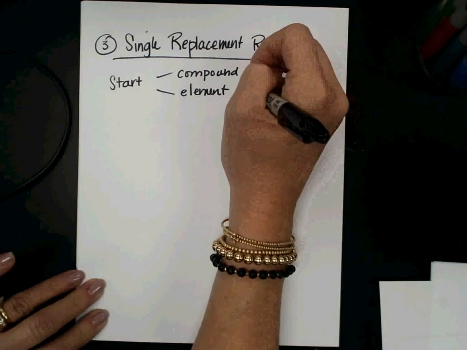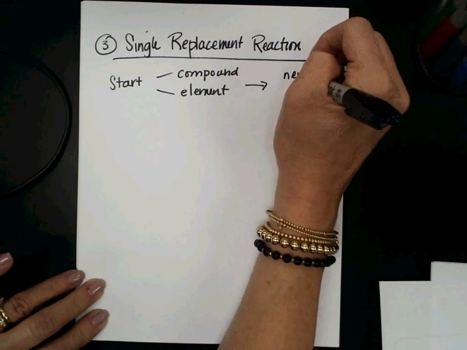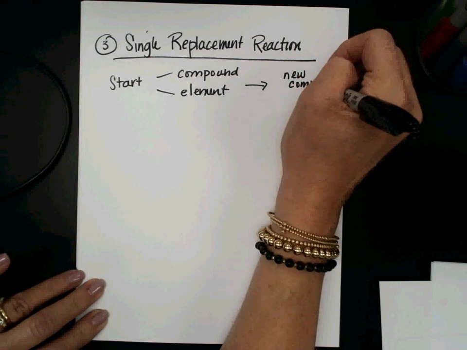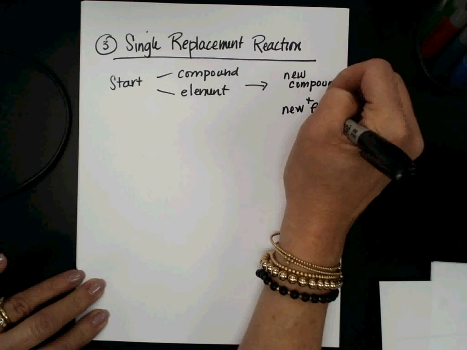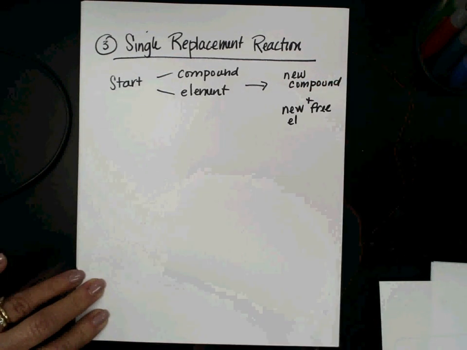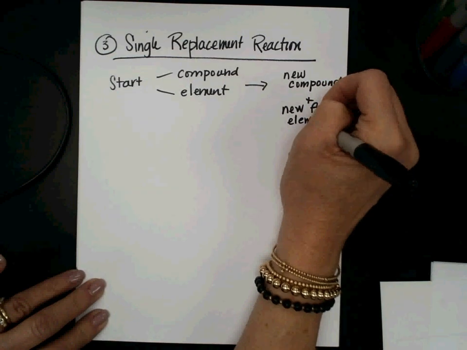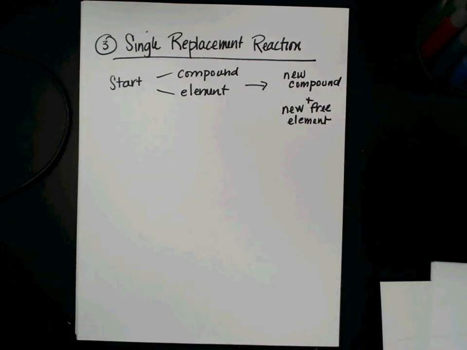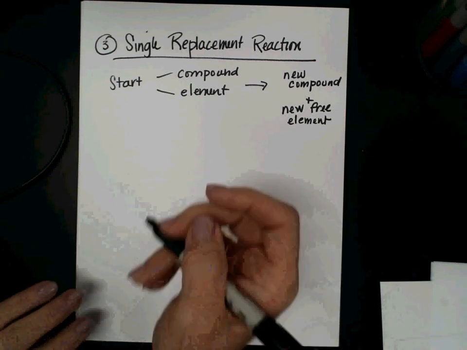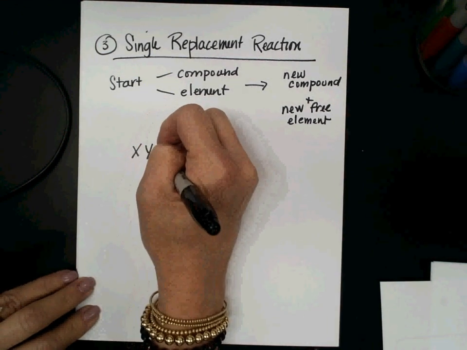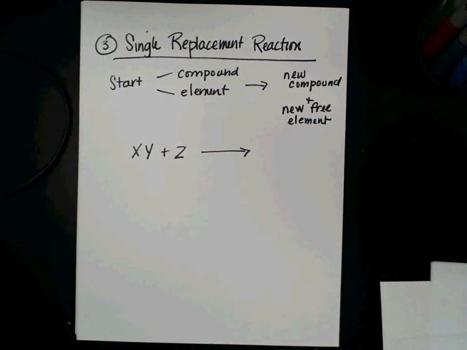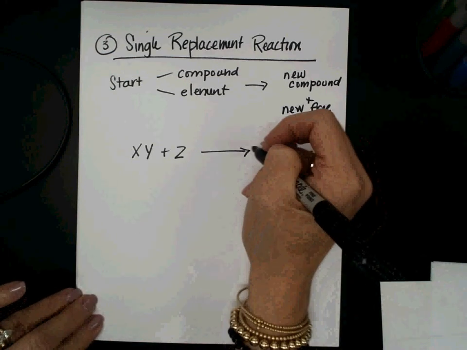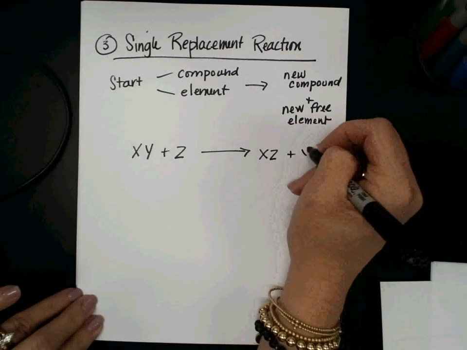In the end, you have a new compound and a new free element. So compound plus element, new compound, new element. So it might look like this. XY plus Z, and on the other side of the equation I would have XZ plus Y.